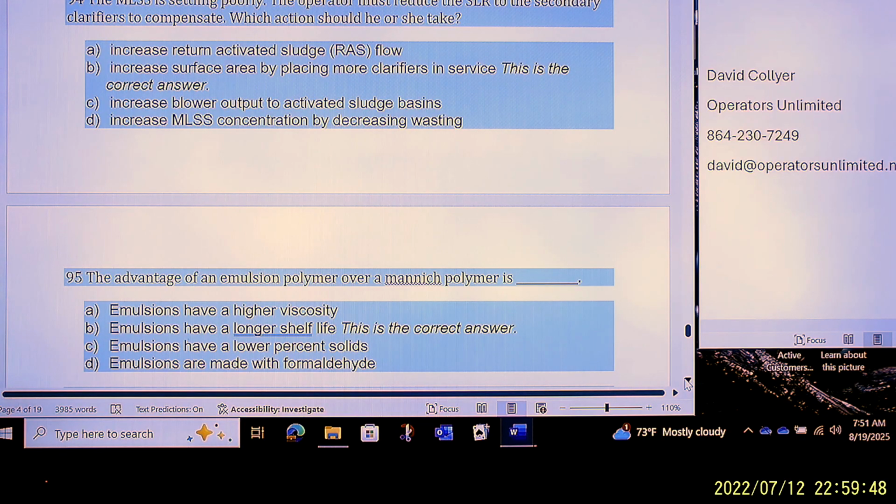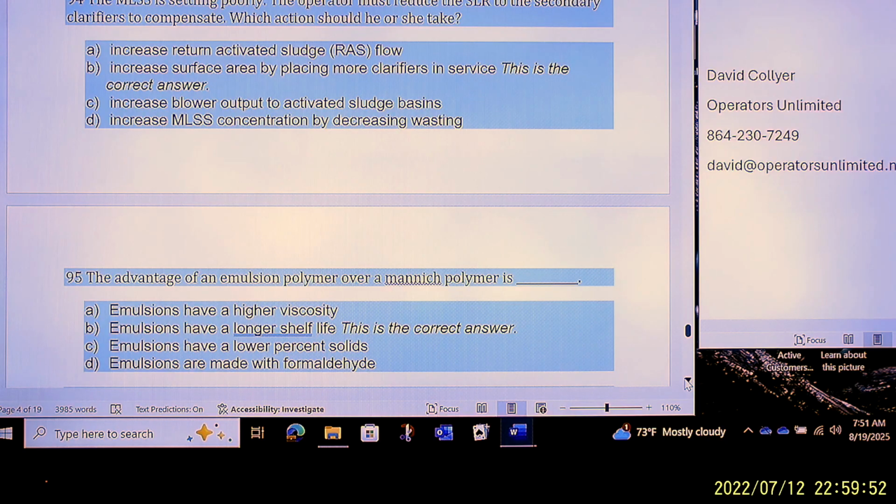94. The MLSS is settling poorly. The operator must reduce the SLR to the secondary clarifiers to compensate. Which action should he or she take? A. Increase return activated sludge flow.